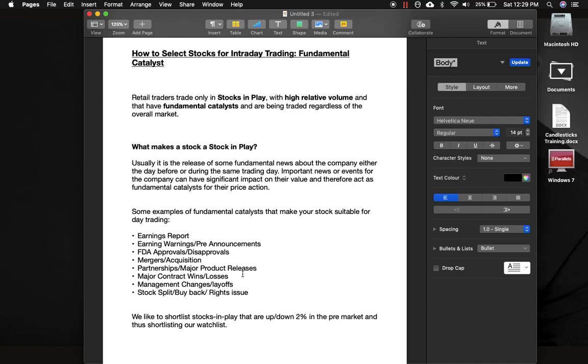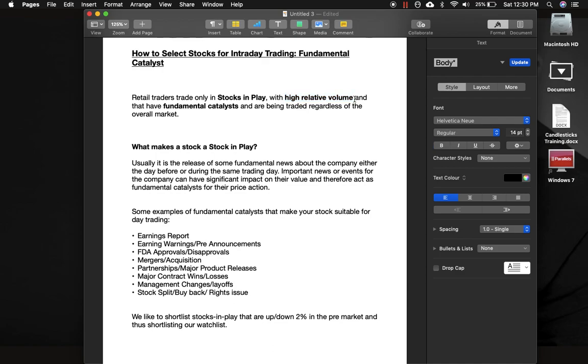You can look for the fundamental catalyst either one day before or on the day of trade, and this will have an impact for a couple of days on your stock. Whenever your stock becomes a fundamental catalyst, it will be trading at a high relative volume.